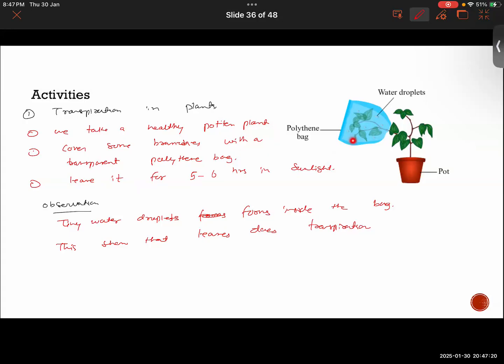So where did that water droplet come from? It actually came from the leaves. So Ayush, this shows that from the surfaces of the leaves, water evaporates, right? That process of evaporation of water from the surface of the leaves is called transpiration. So that basically shows transpiration.